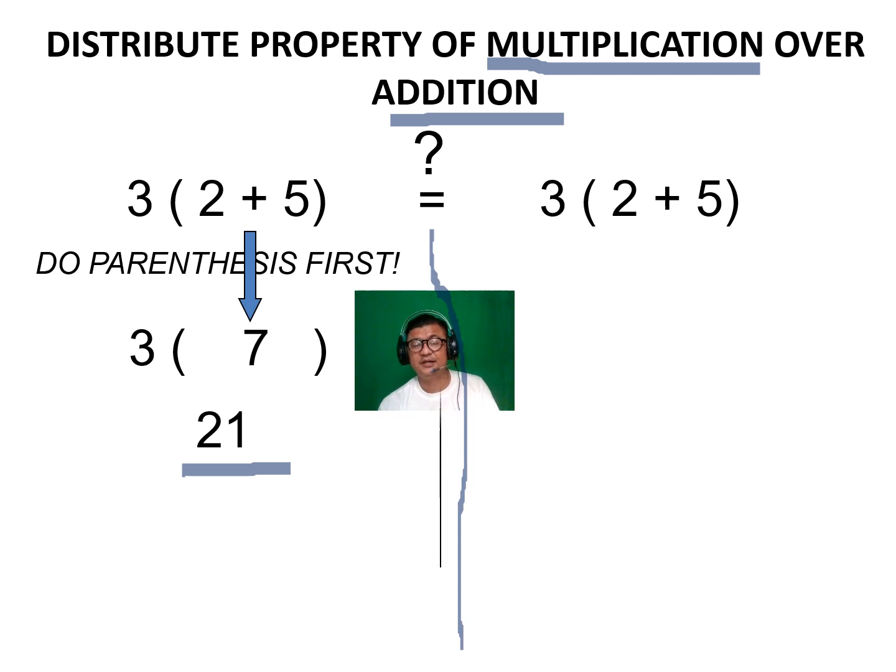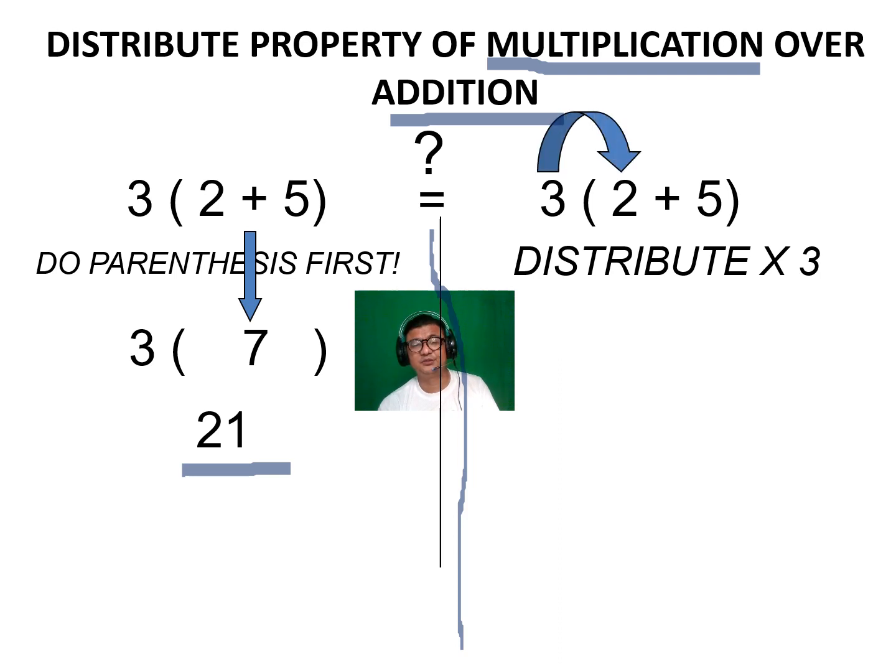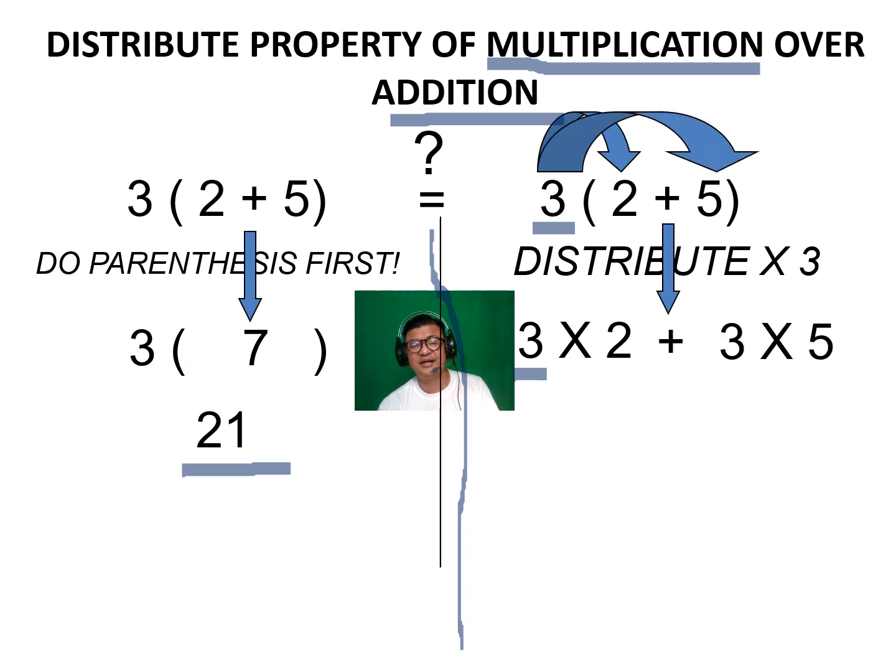But you can now try to use the distributive property. What do you mean by that? Distribute the 3. Look at the 3. The 3 is distributed to 2. What else? The 3 is distributed to 5. See that? The 2 goes there. The 5 goes there.